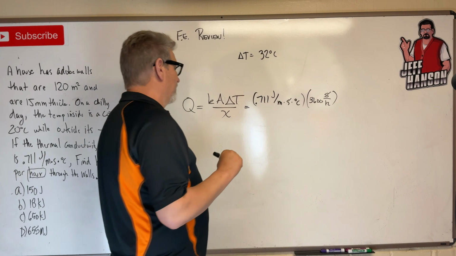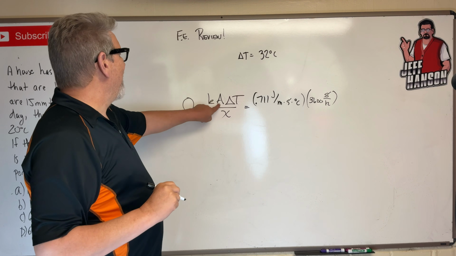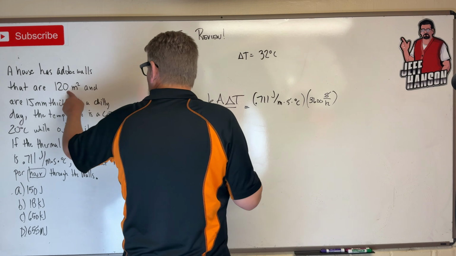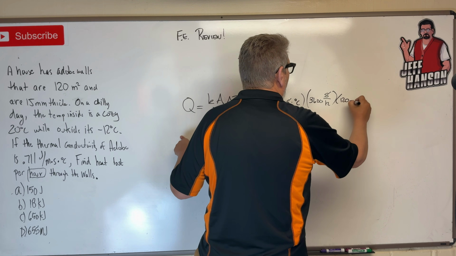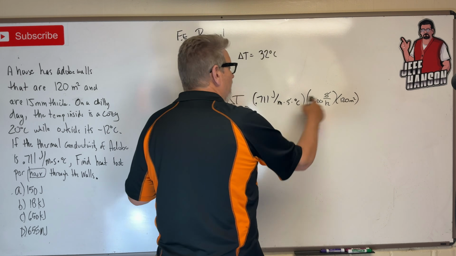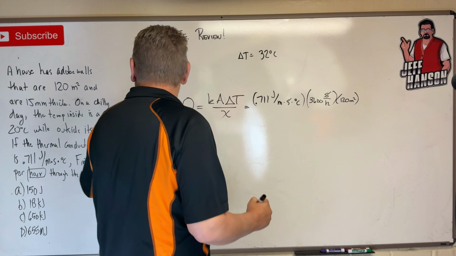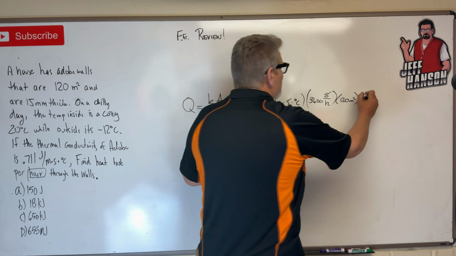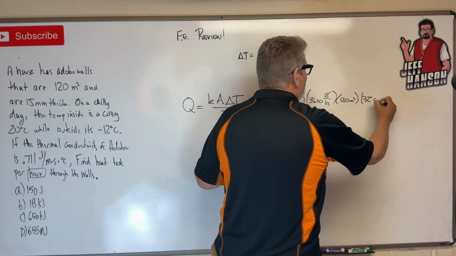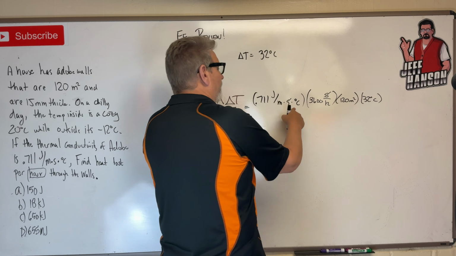Got that fixed. A is 120 square meters. Okay. Meters there. That's good. And then what do we got left? Delta T, which is 32 degrees C. That's going to cancel that like that.